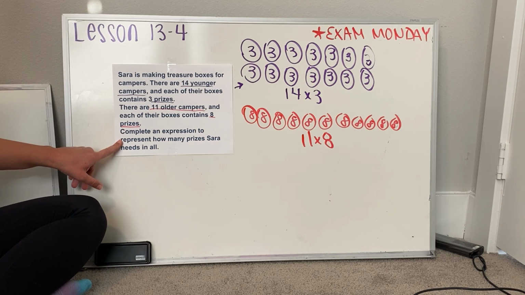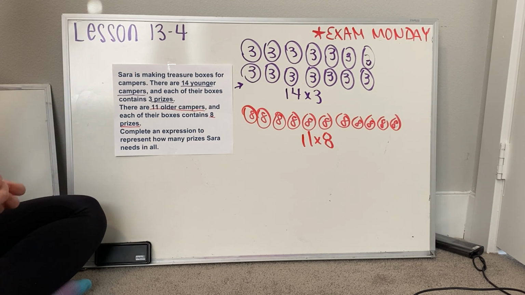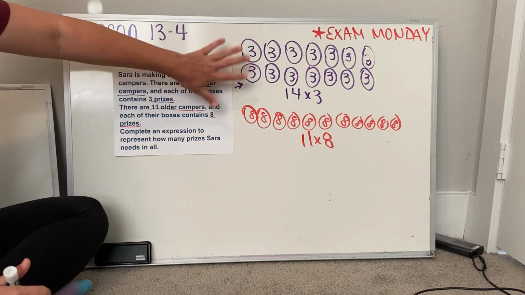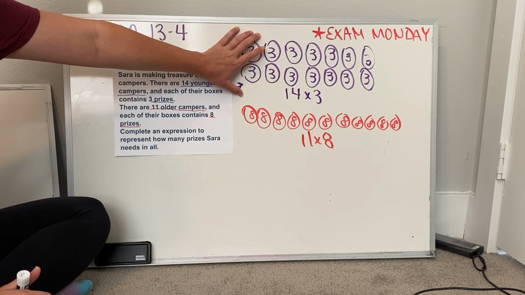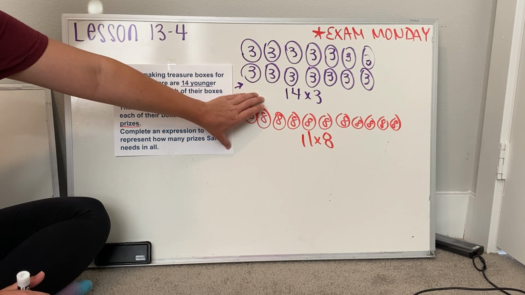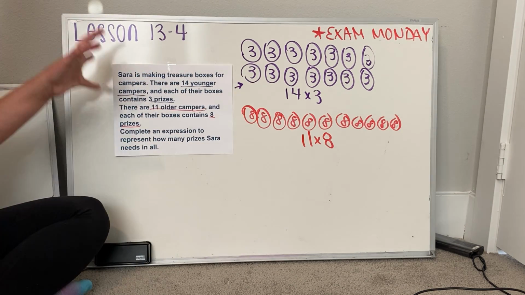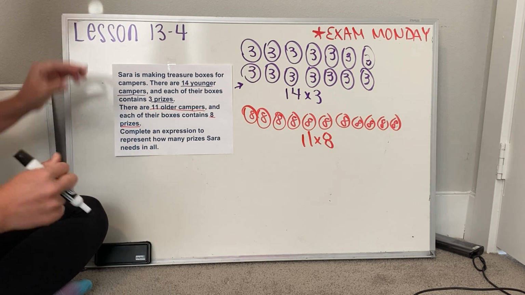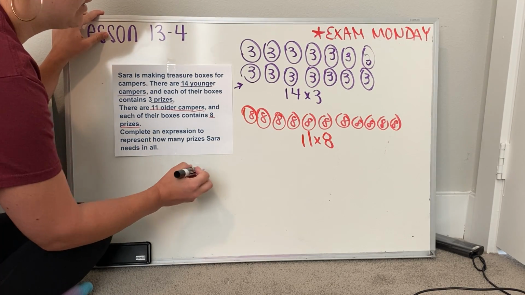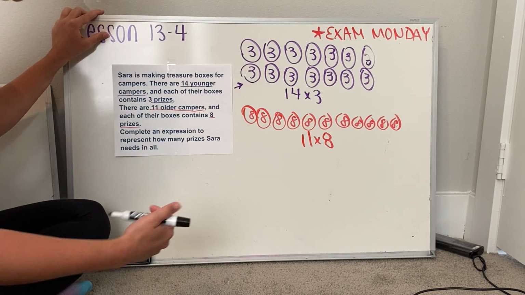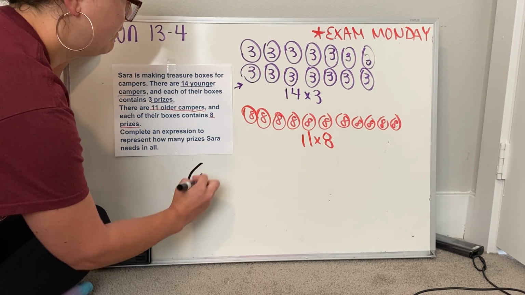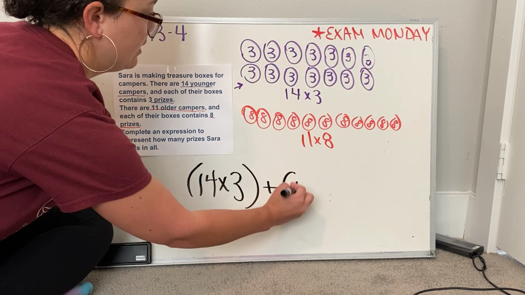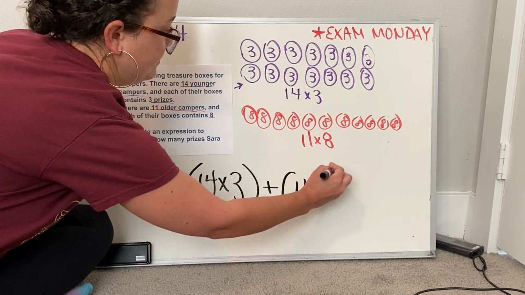Complete an expression to represent how many prizes Sarah needs in all. So I know I have to do 14 times 3 and 11 times 8. And to find out in all, those words always mean adding them together. So if I was to set this up in an expression, it would be 14 times 3 plus 11 times 8.